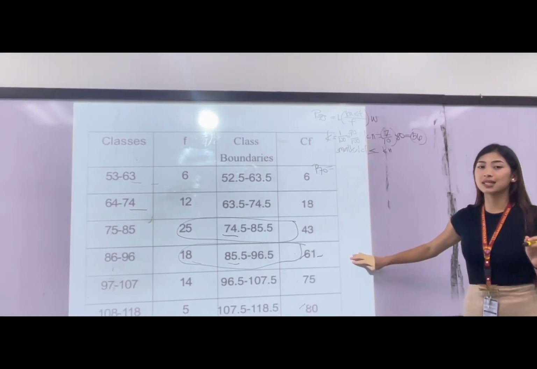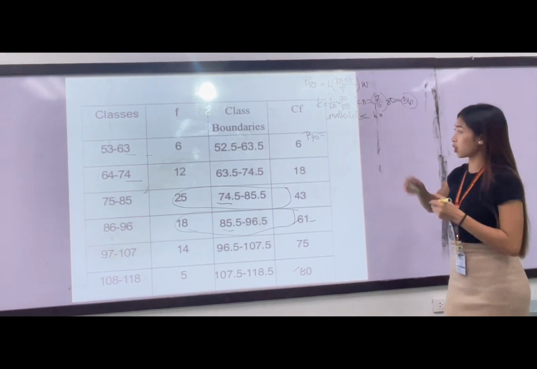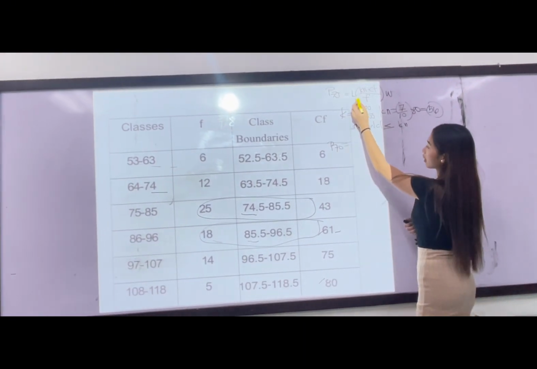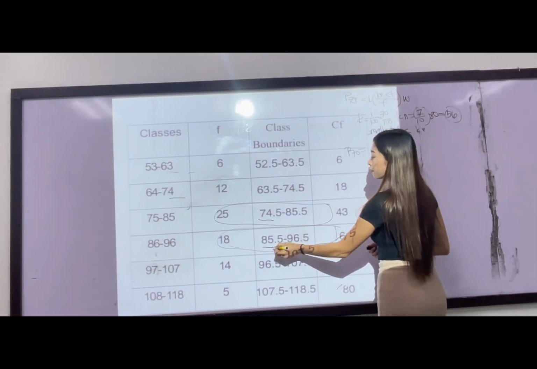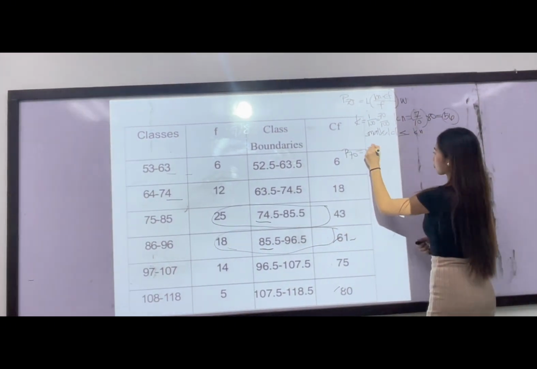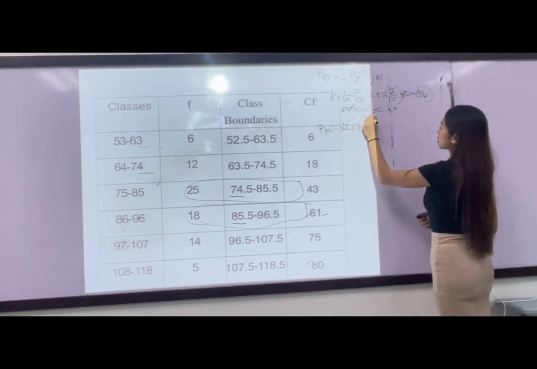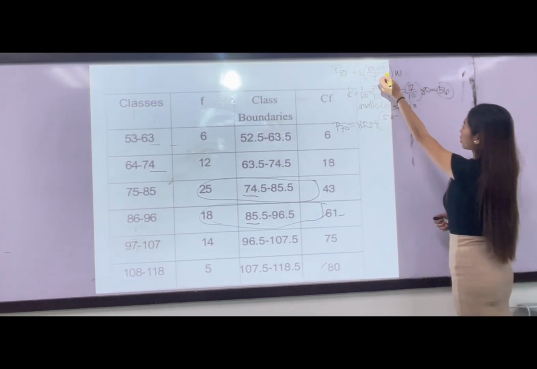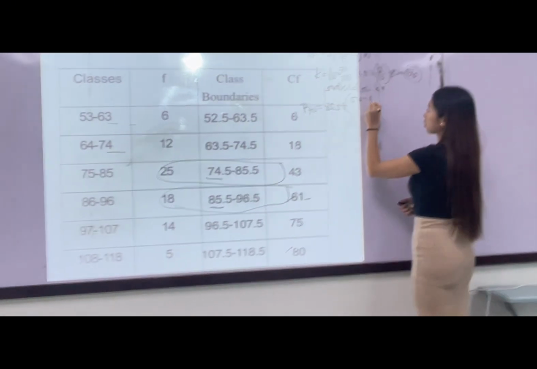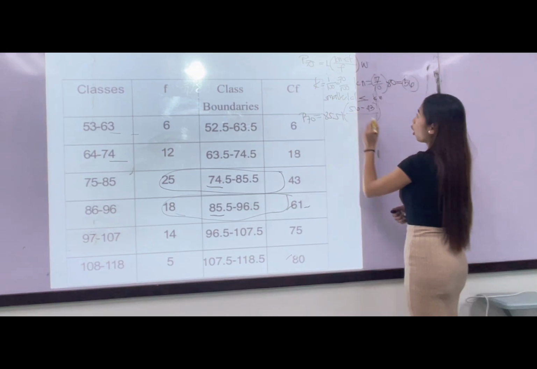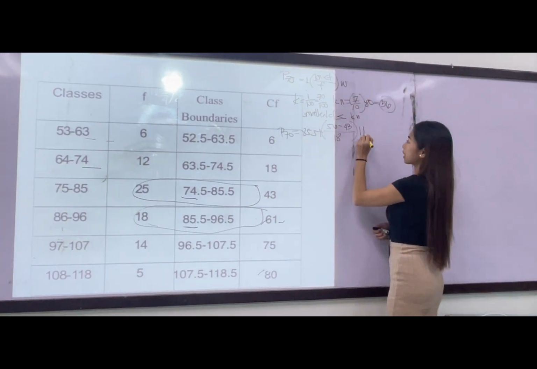Therefore, this is the class that contains it. So percentile 70 equals the lower class boundary, which is 85.5 again, plus kn, which is 56, minus the cumulative frequency before the 61, which is 43, over the frequency, which is 18, multiplied by 11.